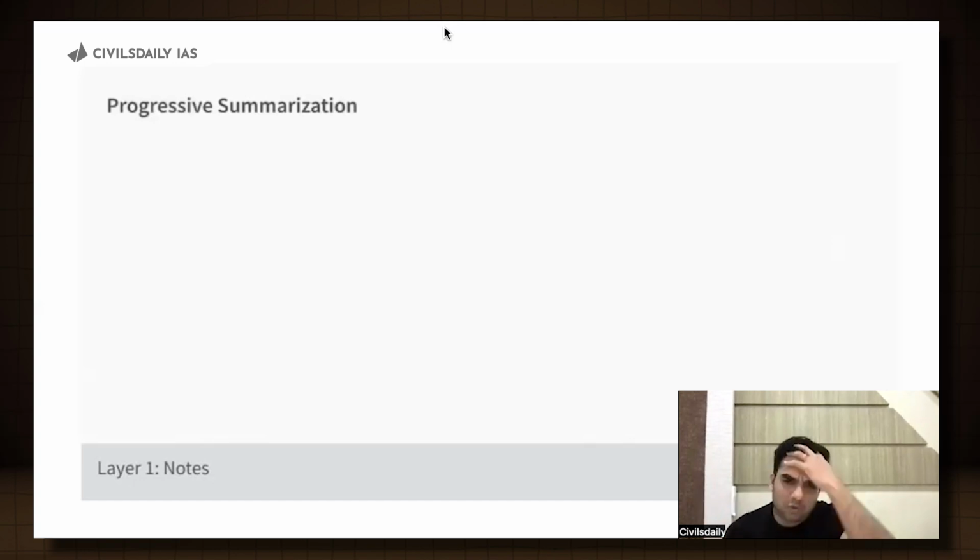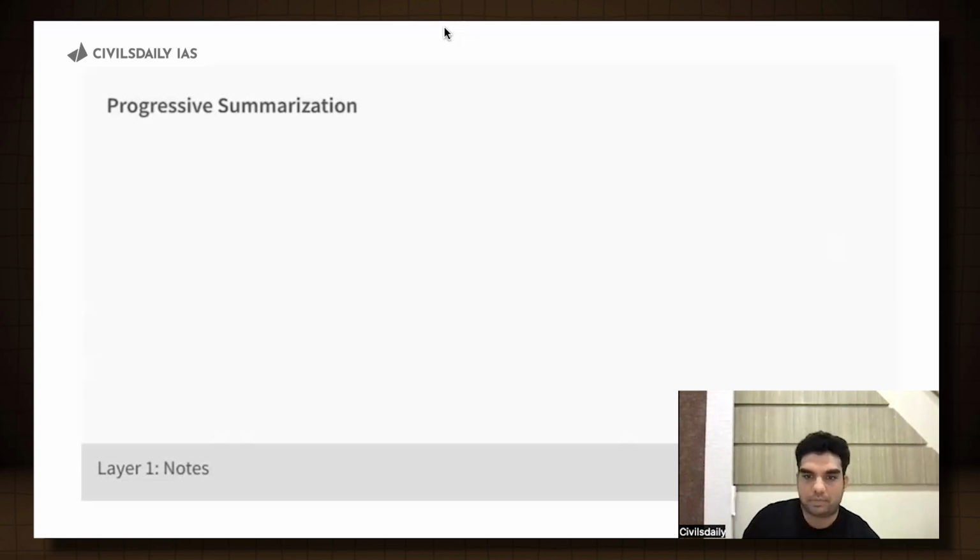If you are someone who has attempted, let's say you have written mains, you have a very intelligent way of writing your layer one notes. Layer one is your first time notes, okay? You'll be like, it did not come in PYQ, why should I write it? This particular topic is not a recurring theme in UPSC paper 2. Why should I write this?